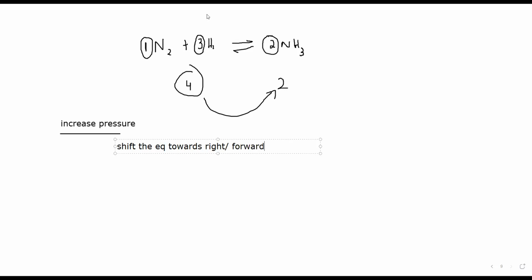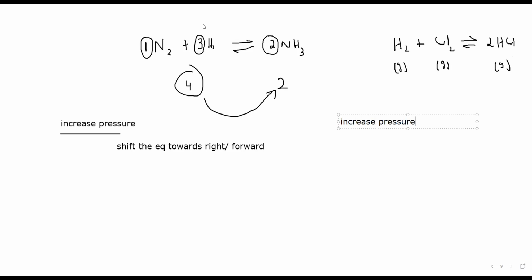If there is another reaction, H2 hydrogen plus chlorine gives hydrogen chloride. This one is gas, gas, and also gas. What will be the effect of increasing the pressure?